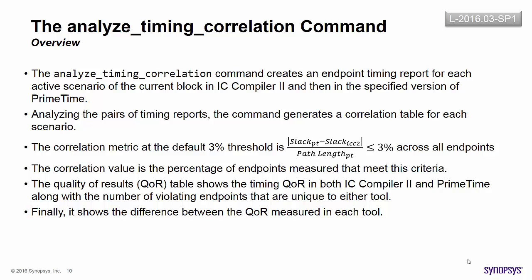The QoR table shows the timing QoR in both ICCII and PrimeTime, along with the number of violating endpoints that are unique to either tool. Finally, it shows the difference between the QoR measured in each tool.